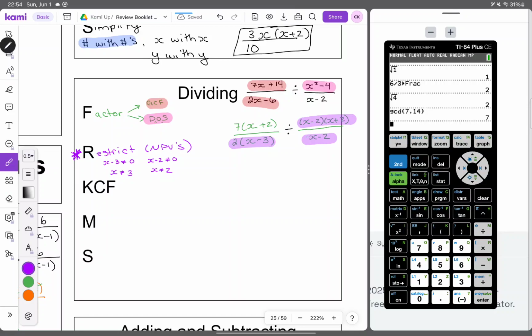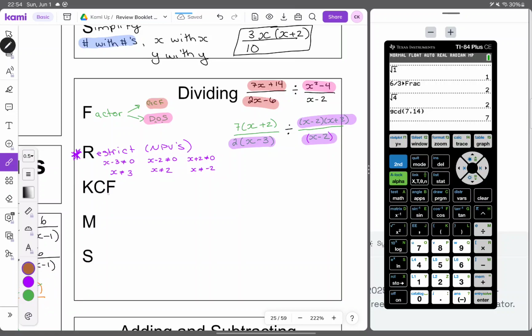I can see I've already restricted the x minus 2 here, so I don't have to do it again because it's going to give me the same restriction. But I do have to restrict the x plus 2. So x is not allowed to equal negative 2. So remember, restricting with dividing, we have that extra place that we have to look for our restrictions.